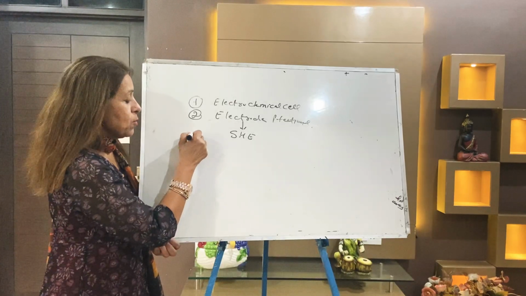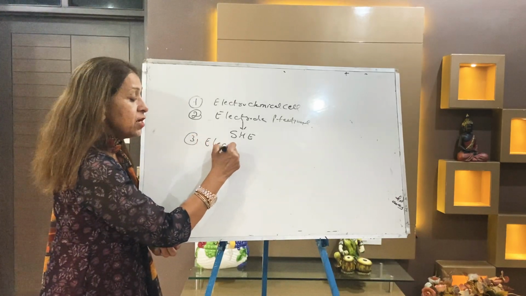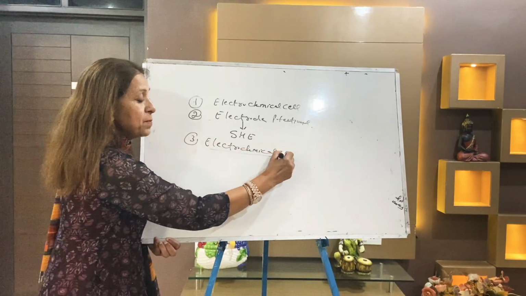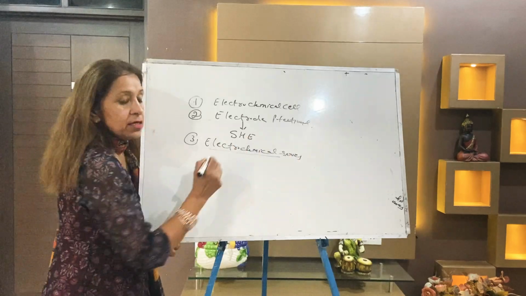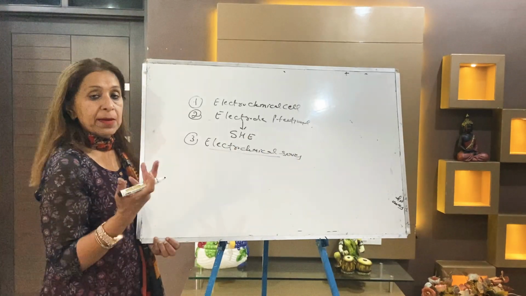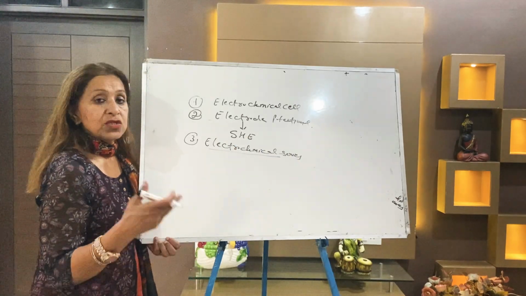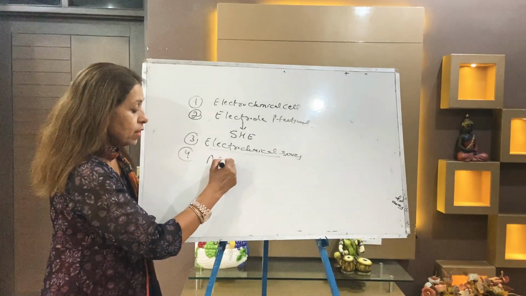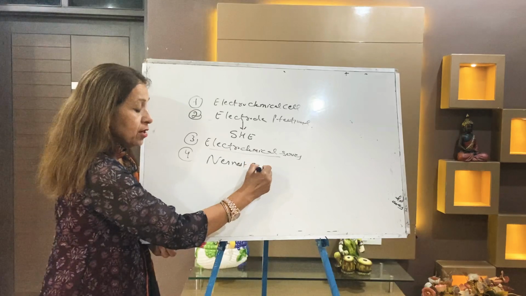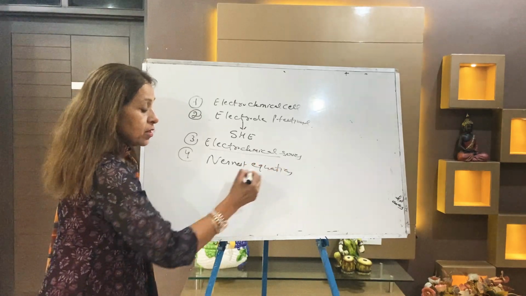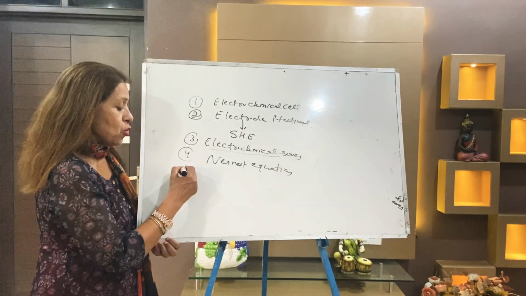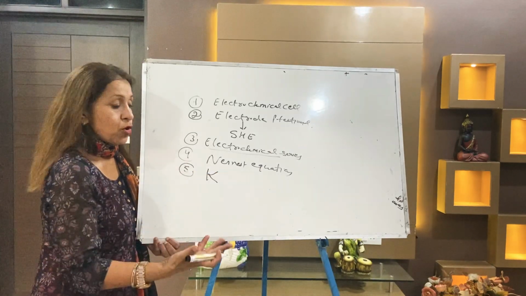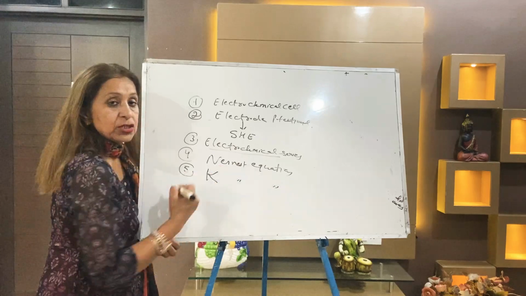The third topic was the electrochemical series. In the electrochemical series, we attempted many types of numericals: calculating the EMF of the cell, which is the more reactive metal, the Nernst equation, a very important equation, and calculation of K, the equilibrium constant, from the Nernst equation.